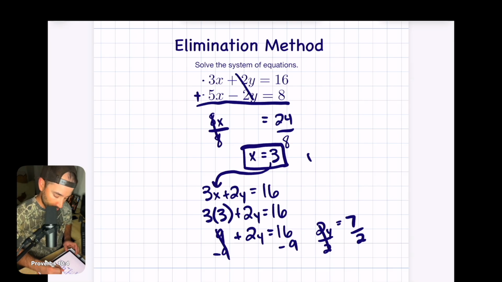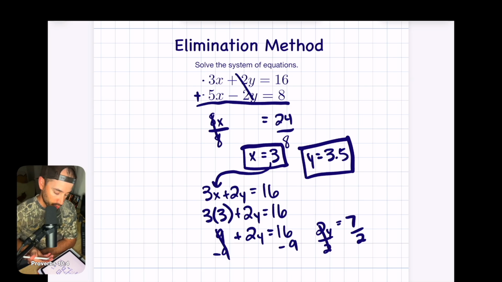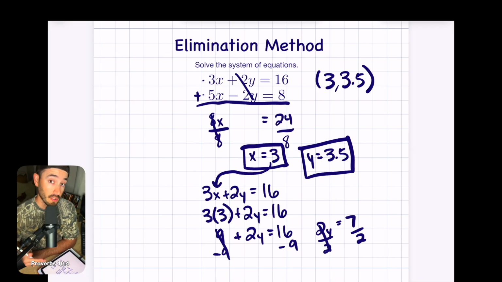So I'm going to put y is equal to 3.5 in a box. And so the solution to this system of equations is 3, 3.5, and that would be our answer for our first example.